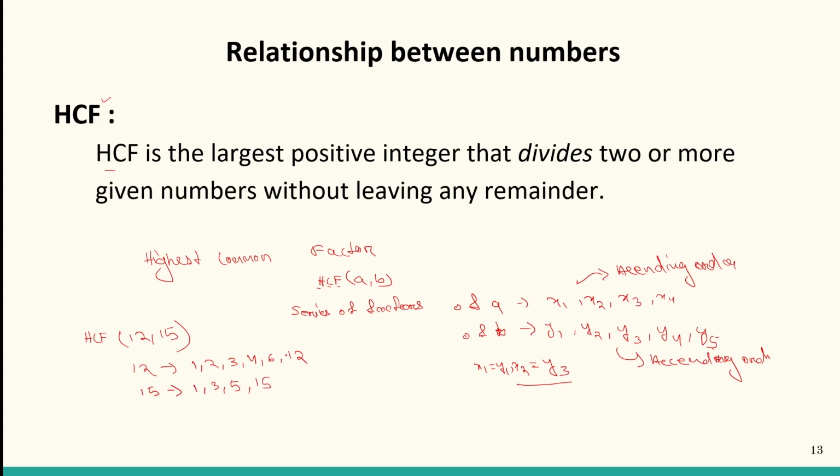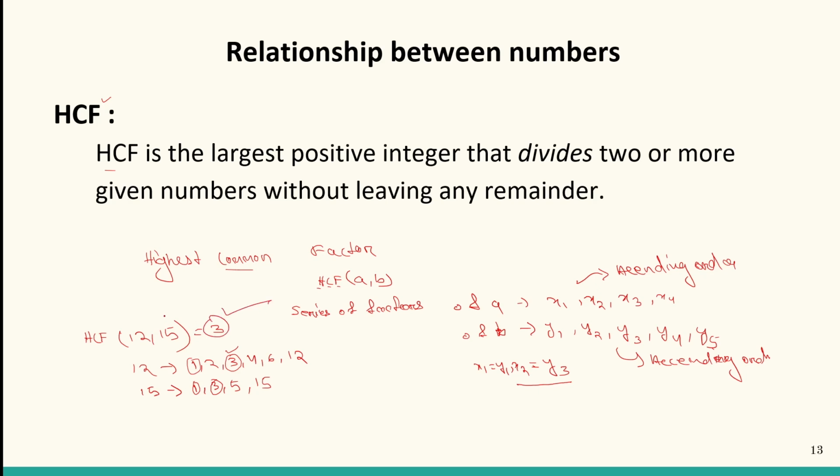So we have the factors of 12 and 15 individually. The next thing is to find the common between them. 3 is common between these two. Is there anything else? 1 is common between these two. So what is the highest among these? Between 1 and 3, the highest is 3. So HCF of 12 and 15 is equal to 3.